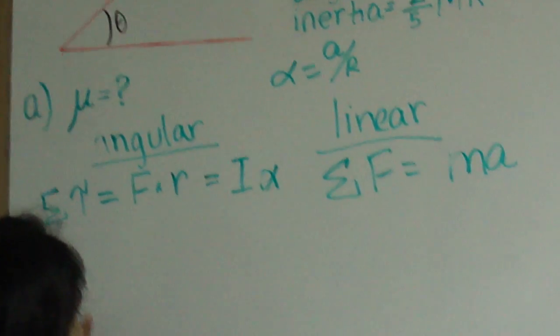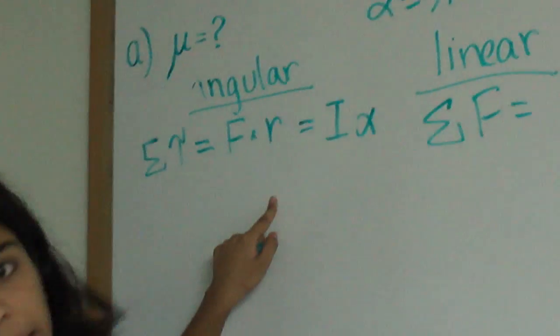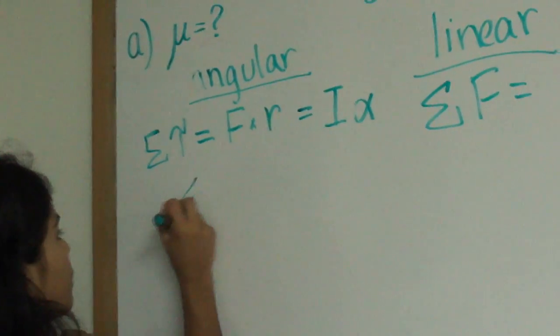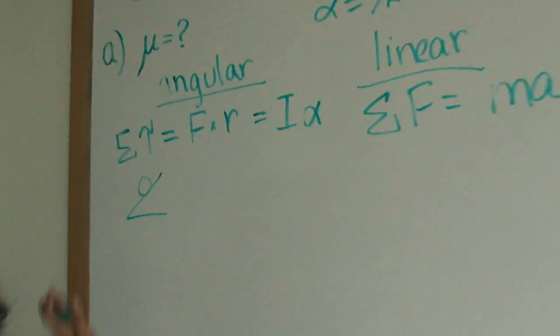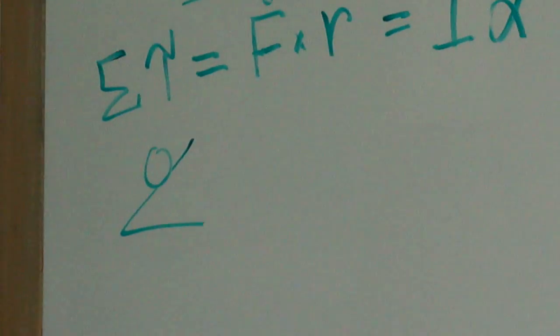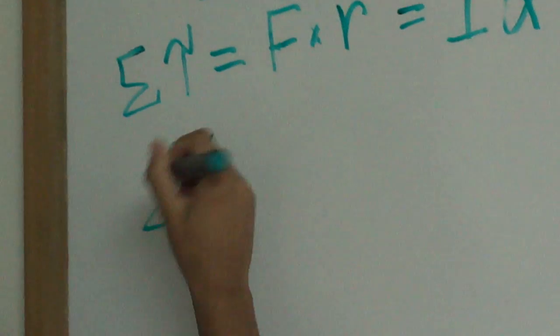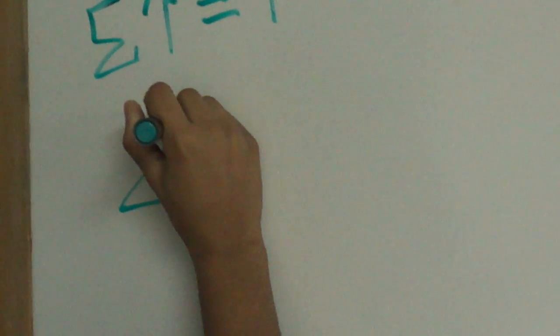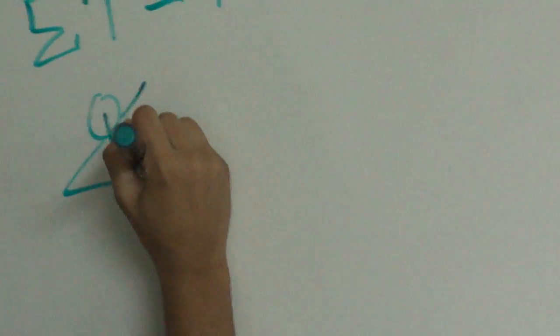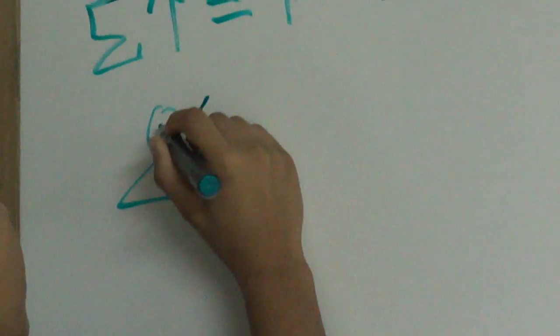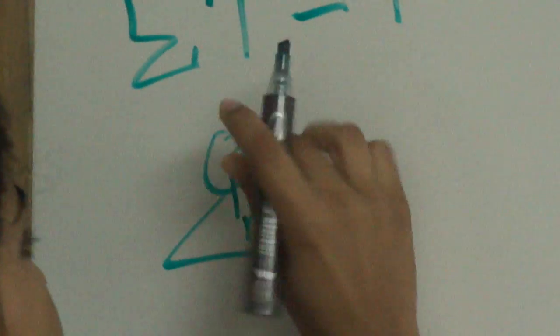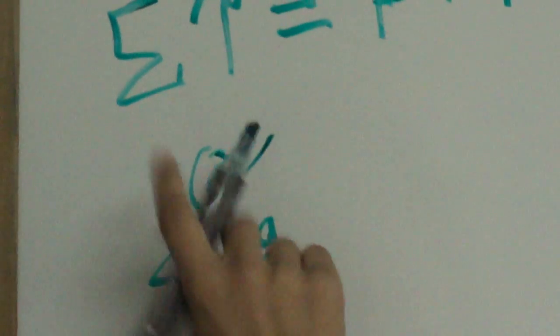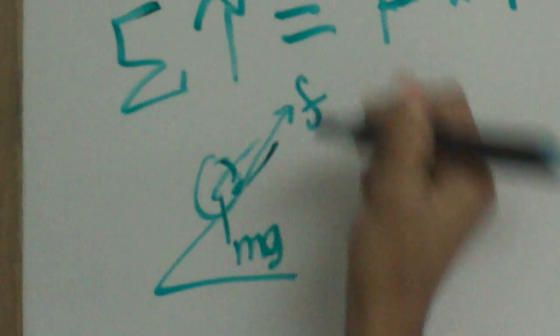Let's draw a quick sketch. I know it's small, but we just want to get a point about what's going on. Weight comes down from the center of mass, and friction is going to be from the bottom going up. That's friction.